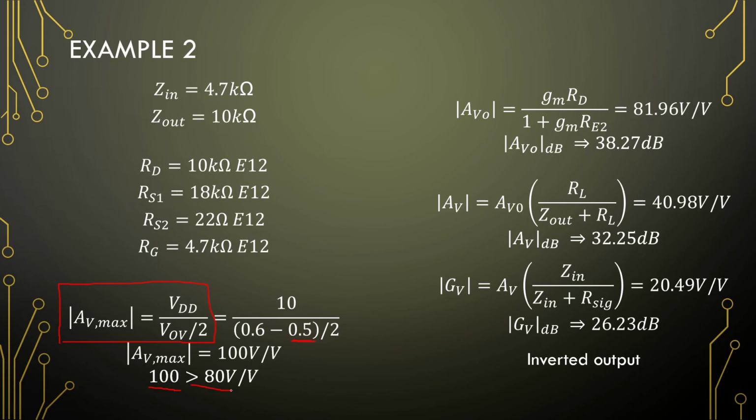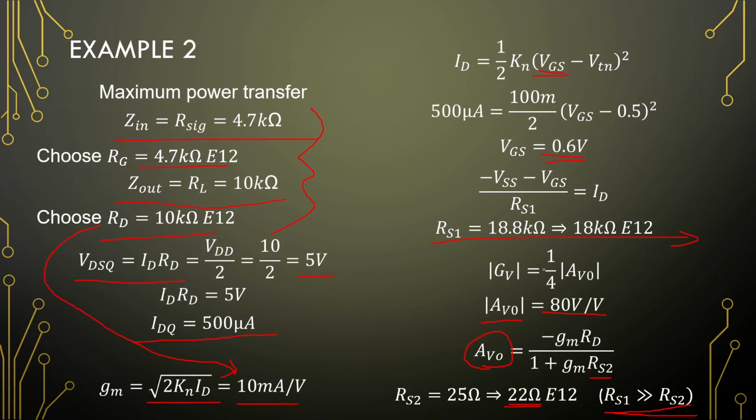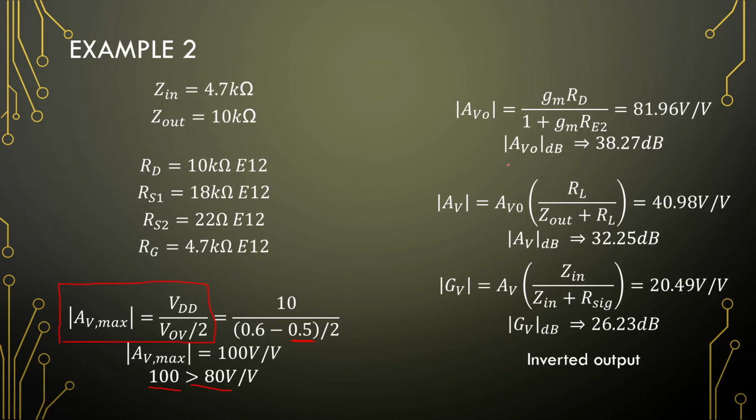So 100 is much greater than 80 volts per volt. It's the check that we had to do here with our GV and AV0 calculation if we have the gain available. Then we can recalculate our maximum gain. We find it to be 81.96 volts per volt. So from here to AV, it should be half.